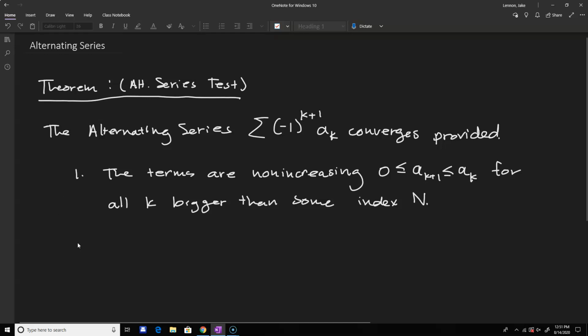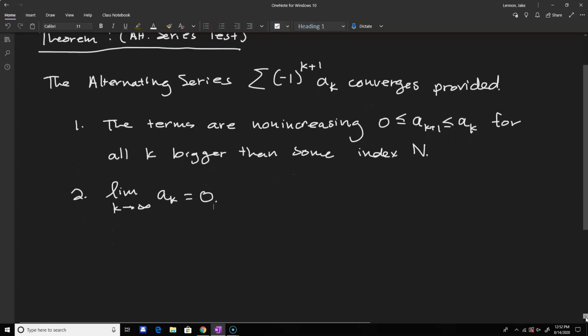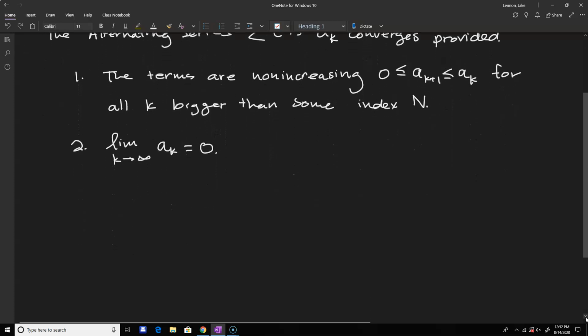And then the second thing is that the limit, as k goes to infinity, of these non-increasing terms actually goes to 0. So this implies convergence for alternating series. Don't confuse that with the divergence test. Remember, the limit of the terms going to 0 does not imply that a regular series will converge. But for these alternating series, it will.